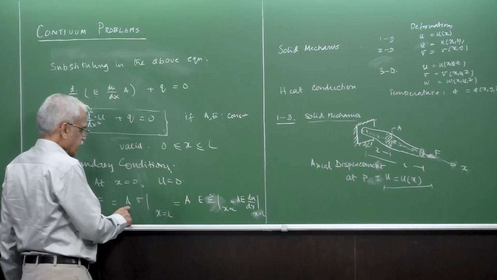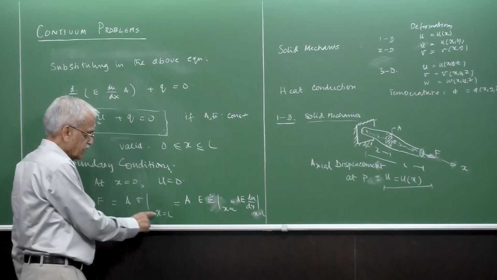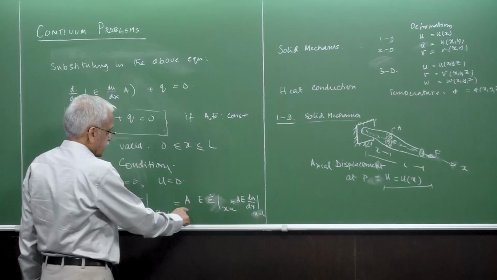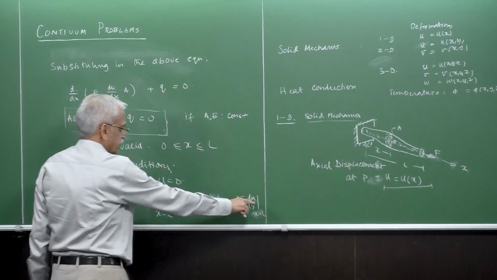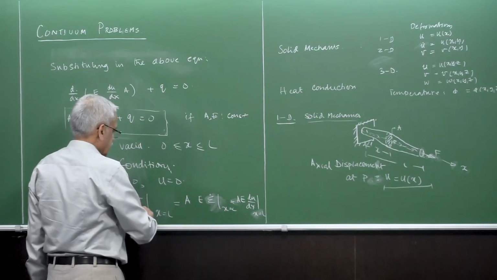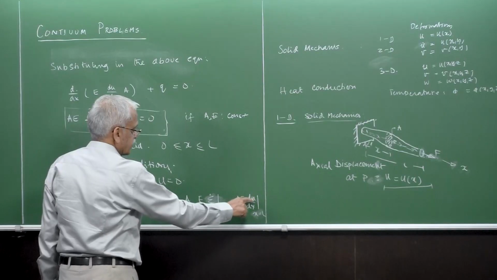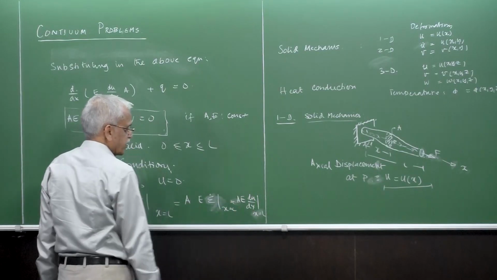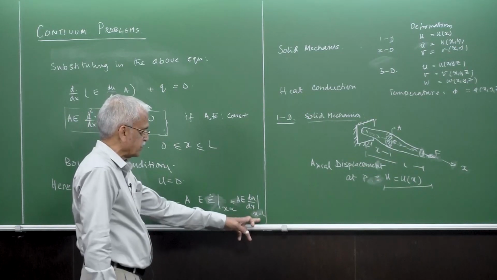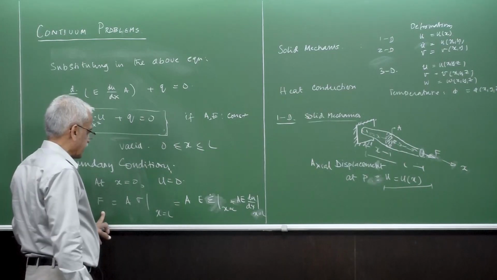The stress multiplied by the cross-sectional area should be equal to the force, but this stress is evaluated at x is equal to L, and it can be converted into the basic primary variable u in this manner. Sigma is E times epsilon at x is equal to L, and epsilon is du by dx, so AE du by dx. That means the derivative of the displacement at x is equal to L multiplied by AE should be equal to the externally applied force.